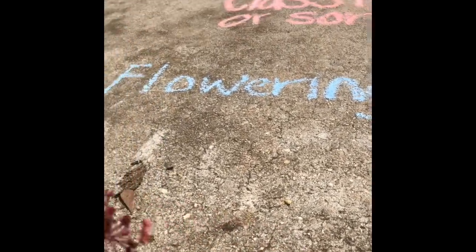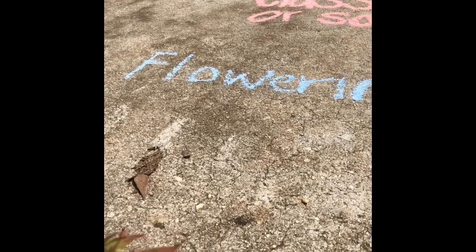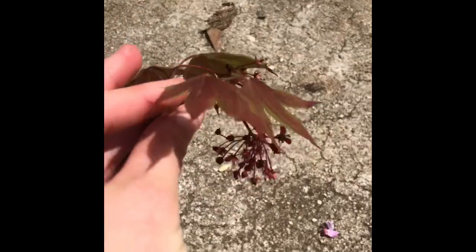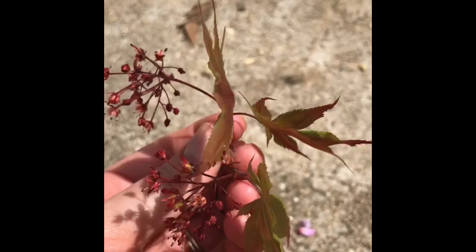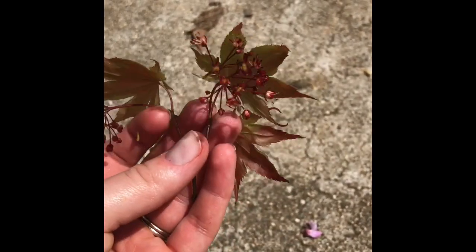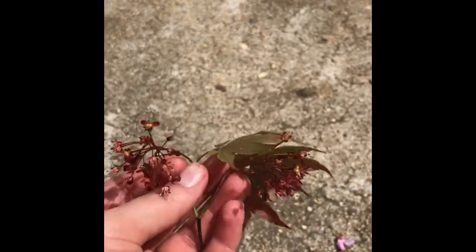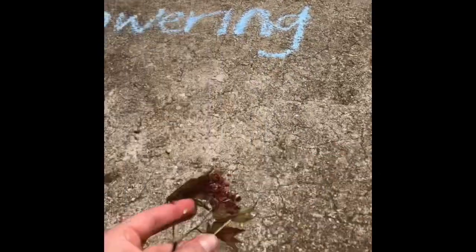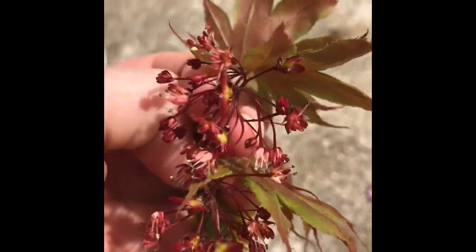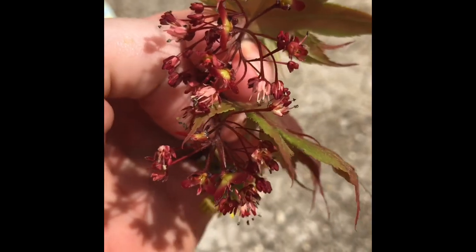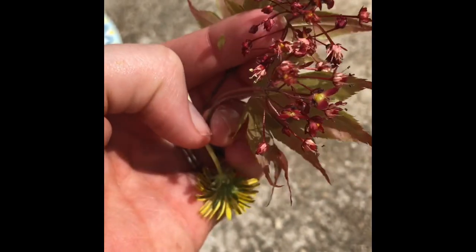This I picked off of my Japanese maple tree, and you did hear me say the word tree. I know we don't normally think of trees as a type of flower, but they definitely are. If you look closely, you will see the flowers. They're very tiny, so flowers come in all shapes and sizes.